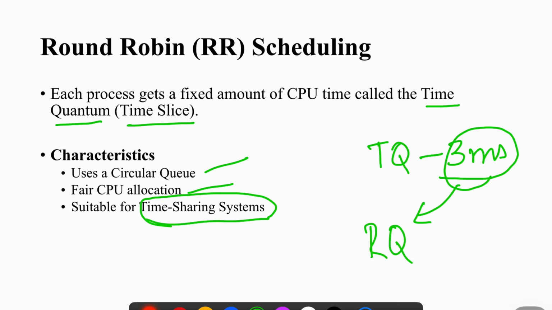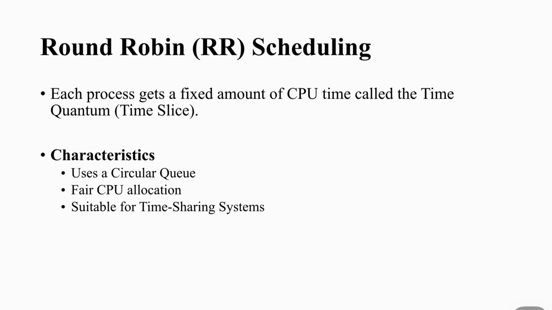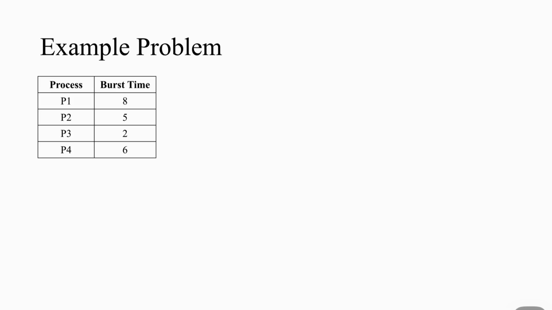So based on this round robin scheduling algorithm, now let's solve a numerical problem. Here we have 4 processes, P1, P2, P3 and P4, and all of them have different time requirements: 8 milliseconds, 5 milliseconds, 2 milliseconds and 6 milliseconds respectively. We also assume that all of them came at the same time, that is 0th millisecond.